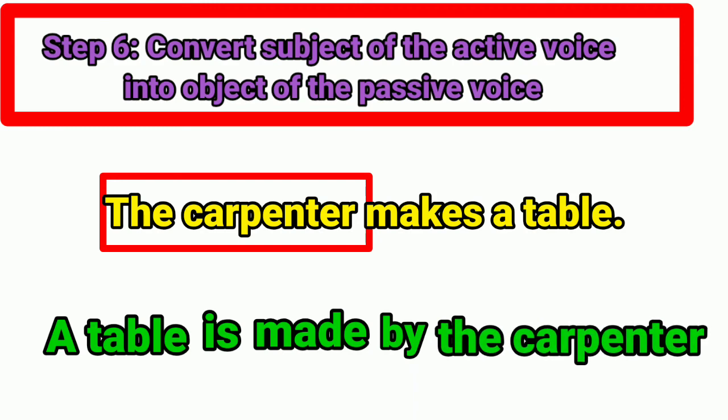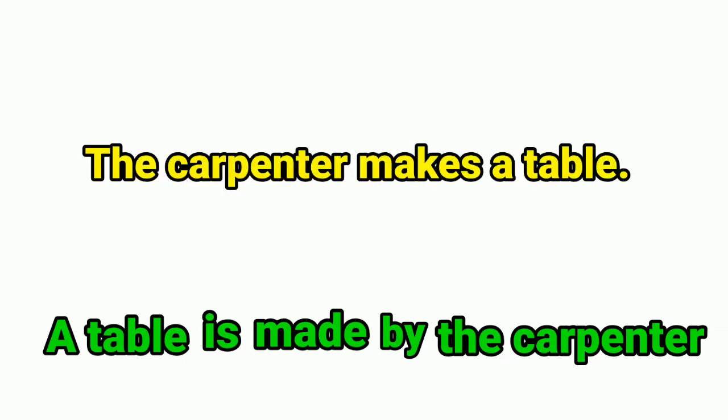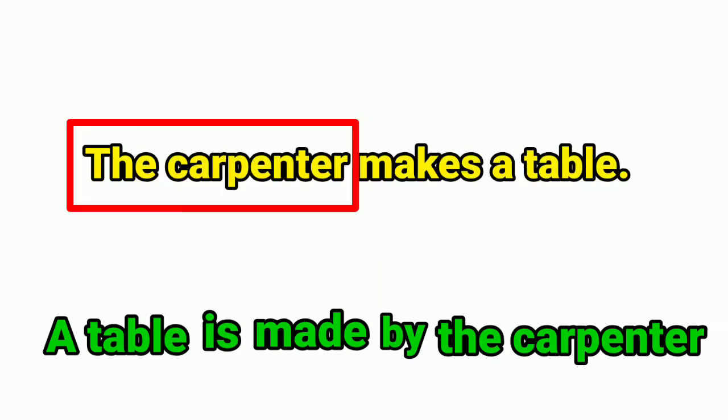So now the full sentence is: A table is made by the carpenter. So here we can see that in active voice, the doer of the action gets more importance, whereas in passive voice, the receiver of the action gets more importance.